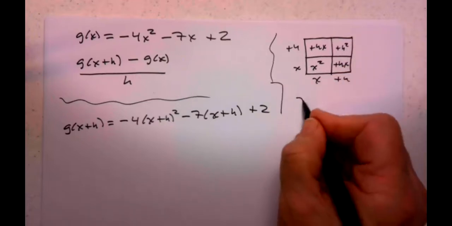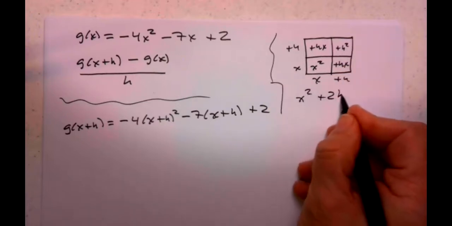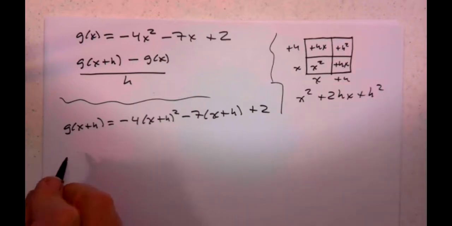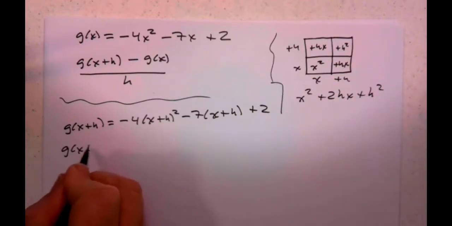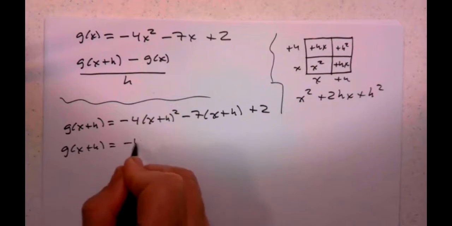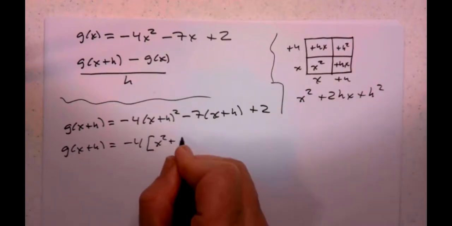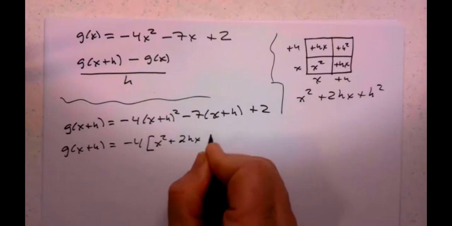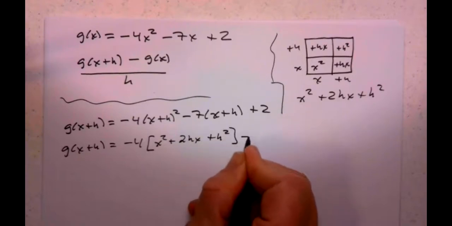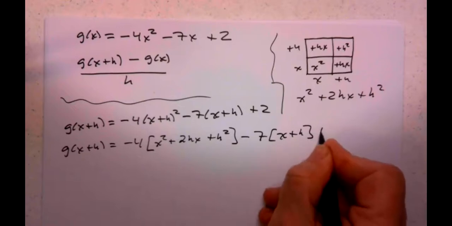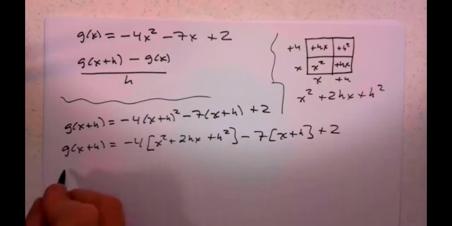So what does that all become? x squared plus 2hx plus h squared. So what do we get? g of x plus h is negative 4 times what we just did, x squared plus 2hx plus h squared, minus 7 times x plus h, plus 2. We're still simplifying g of x plus h.